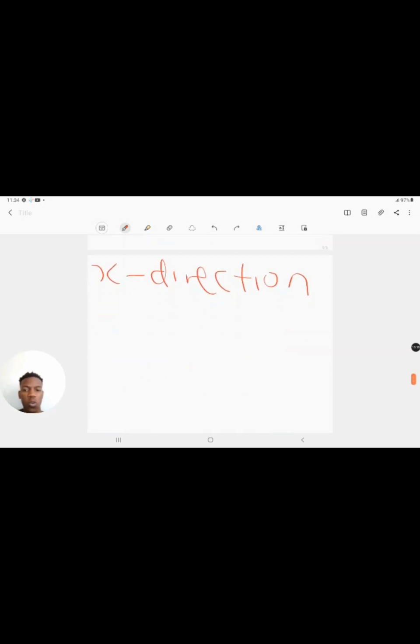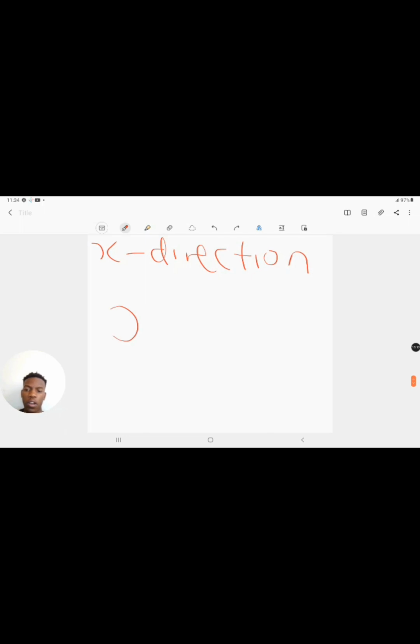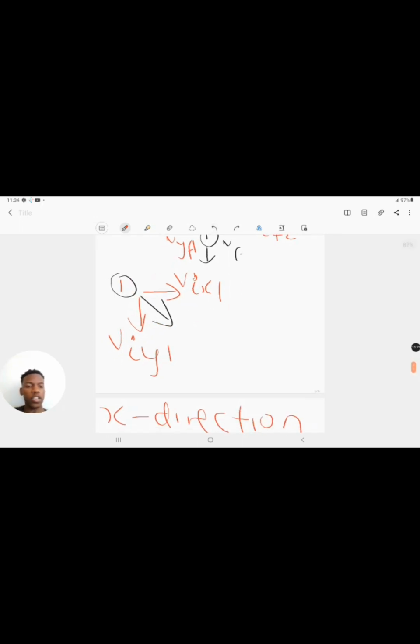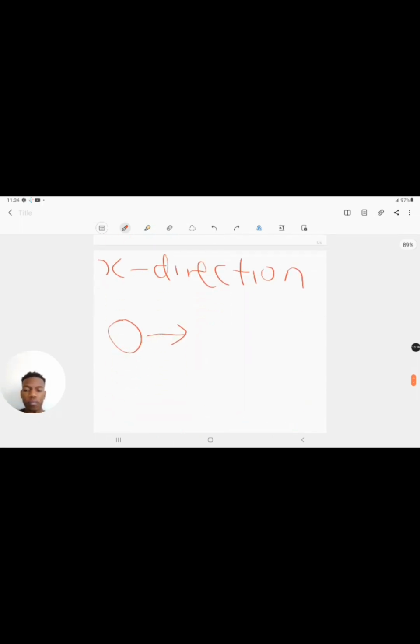I'm going to pretend as if my ball was moving in that direction. But if I'm going to pretend that, then I can't say that it had this black velocity there. I have to use this velocity Vix1 because that's the component of that ball in that direction, right? So that's V initial in the x direction of ball number 1.